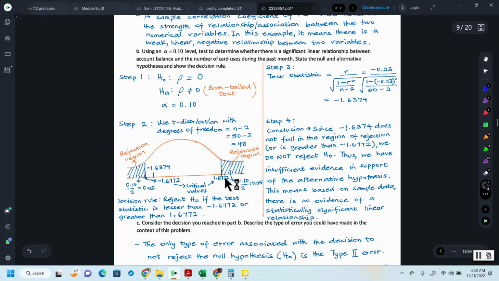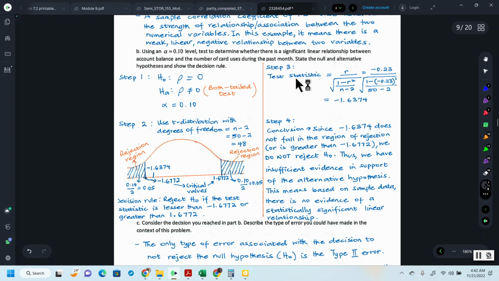What we would like to make clear is that these shaded regions are the rejection regions. So we're going to reject the null hypothesis if the test statistic we find in step 3 is either lesser than the negative 1.6772 or greater than the positive 1.6772.